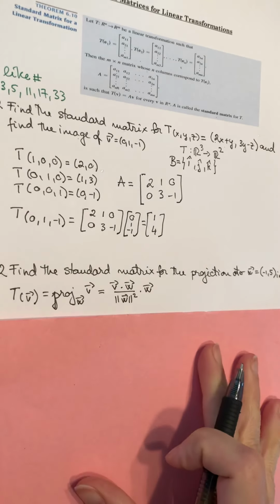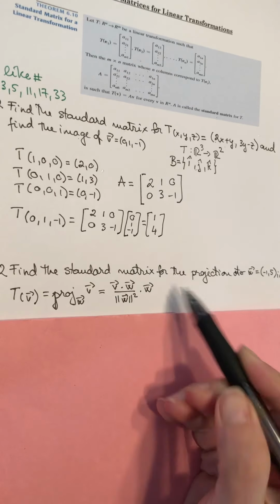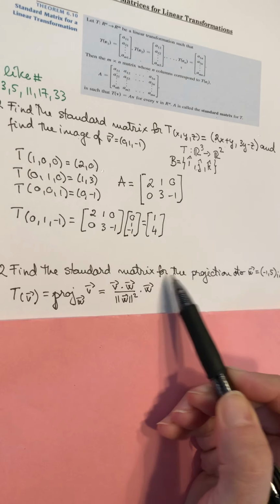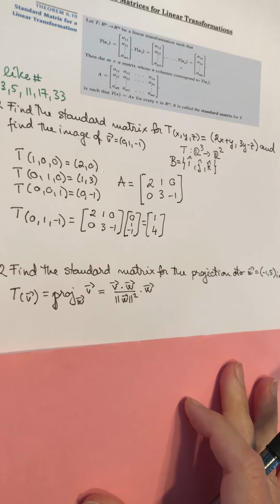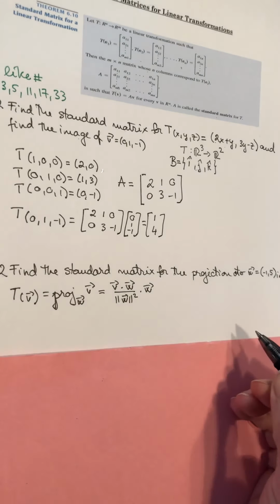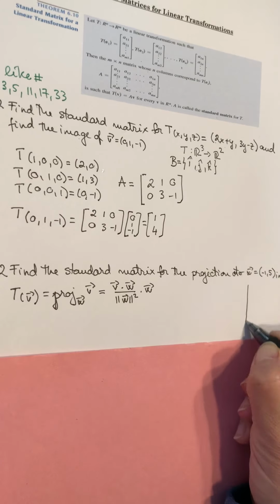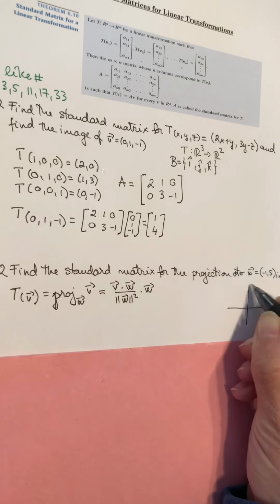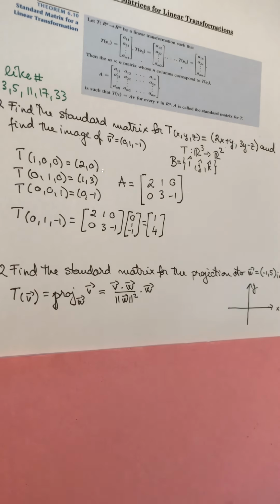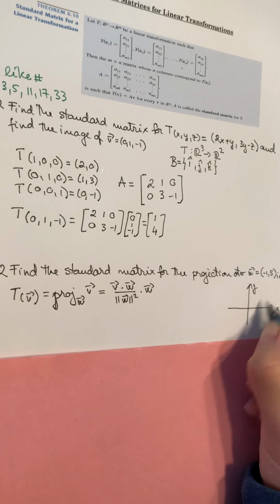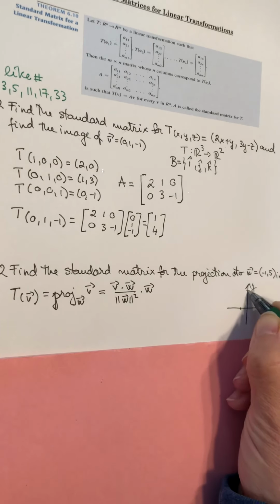Let's say we have to find the standard matrix for the projection onto the vector negative 1, 5. So what we're really looking for, let's say you have all of R2 here. And here's my vector negative 1, 5.